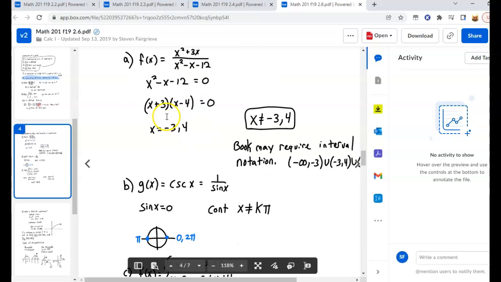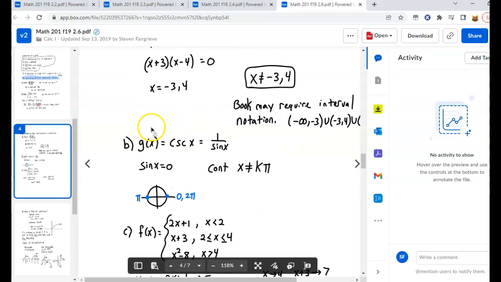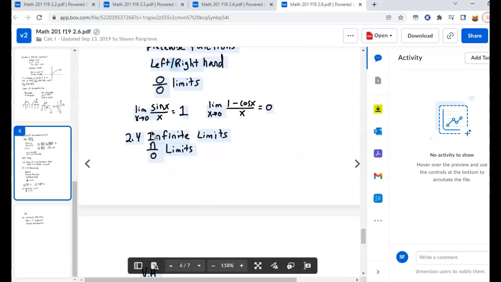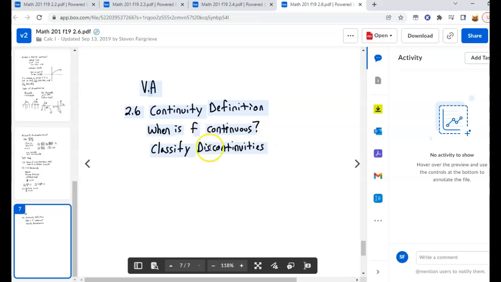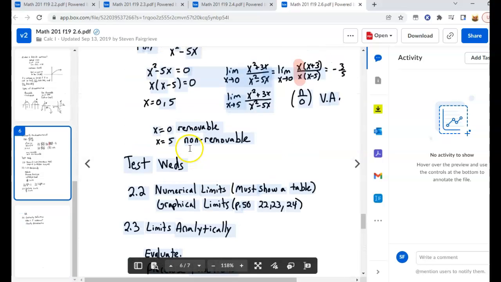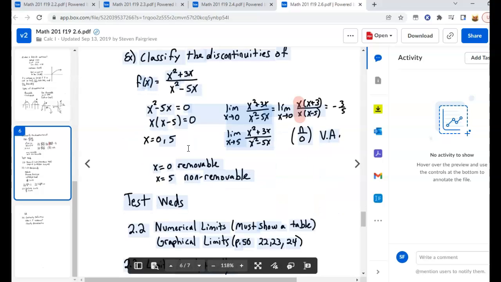And then the final thing we asked here with these questions was to classify. If we do have a discontinuity, if it's not continuous, we want to classify those as being either removable or non-removable. So the process basically is if we can compute the limit as x approaches the value, where it's division by 0.